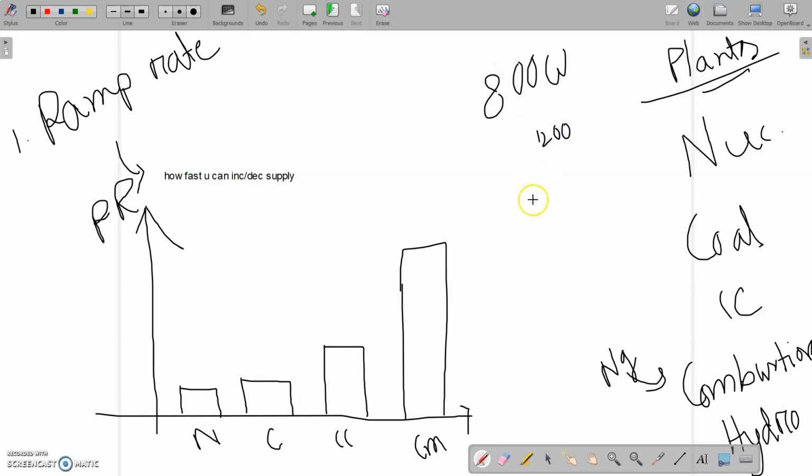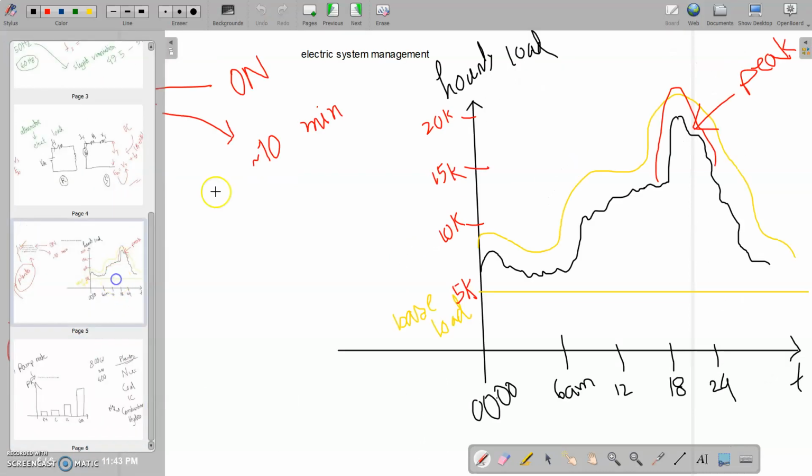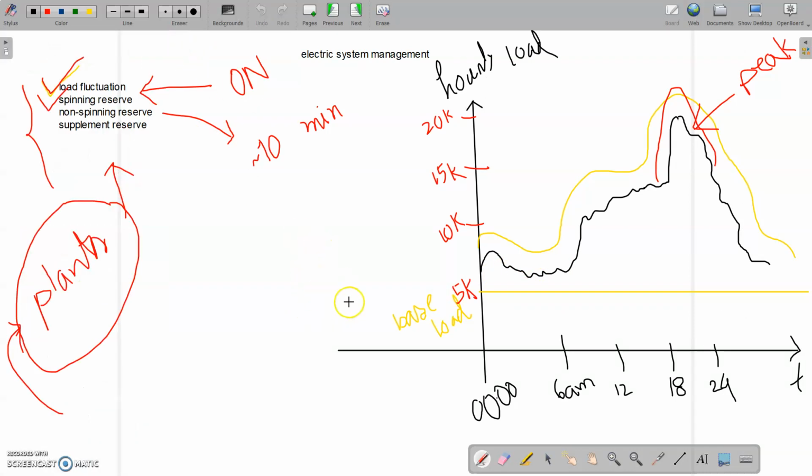Or decrease it from 800 to 400, you cannot do that. So a nuclear power plant cannot change its output that easily. Understand, it is related to your hourly load. If you are solely operating a nuclear power plant, you can supply this base load, but you cannot supply this peak load, because you cannot change the output power of a nuclear power plant so easily.